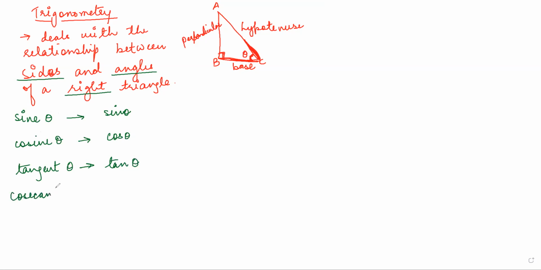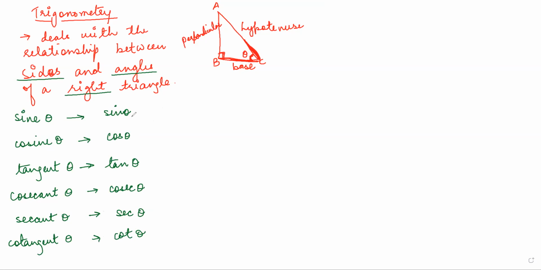Then we have cosecant theta, called cosec theta in short. Then we have secant theta, called sec theta. And then cotangent, and we call it cot theta, right? So I'm talking about angle theta here.